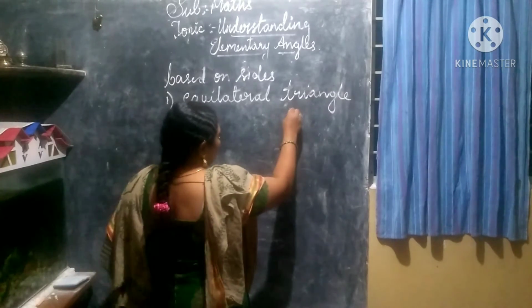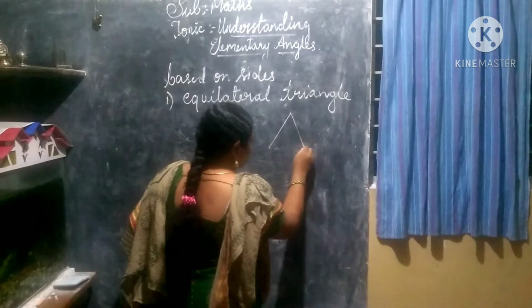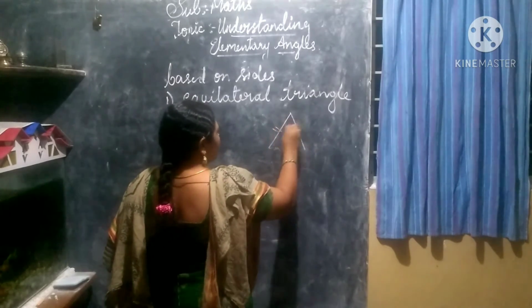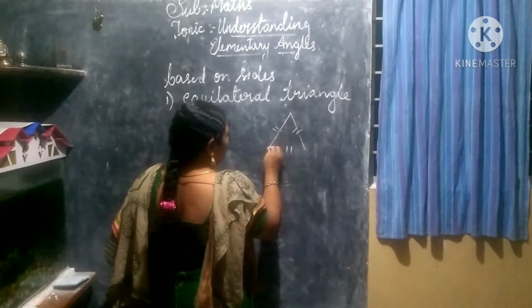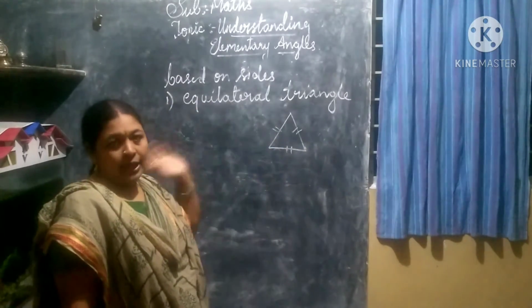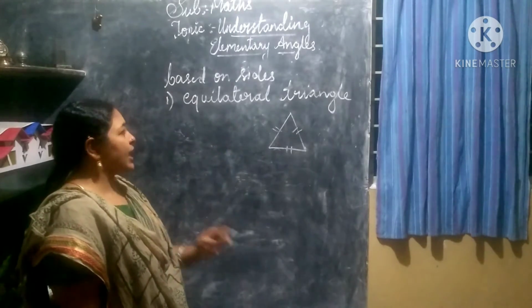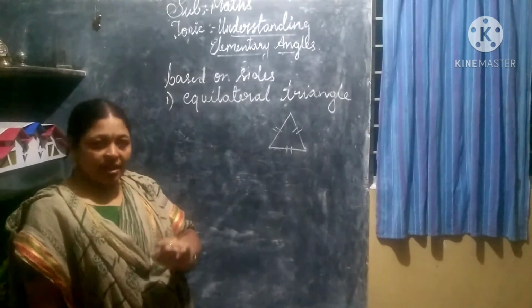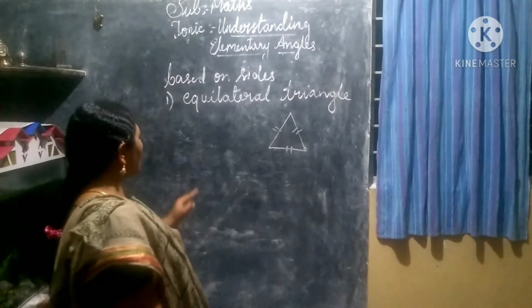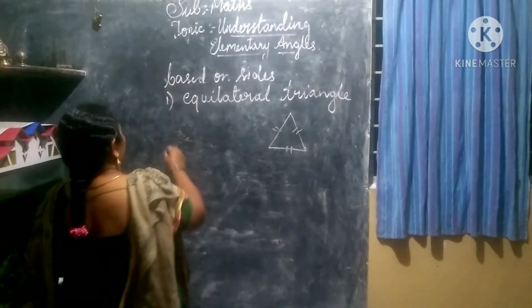That means if it is having 3 centimeter, 3 centimeter and 3 centimeter, if you could imagine 3, 3 and 3 on all the 3 sides, then this triangle will be called an equilateral triangle. When all the 3 sides are equal, it is called an equilateral triangle.